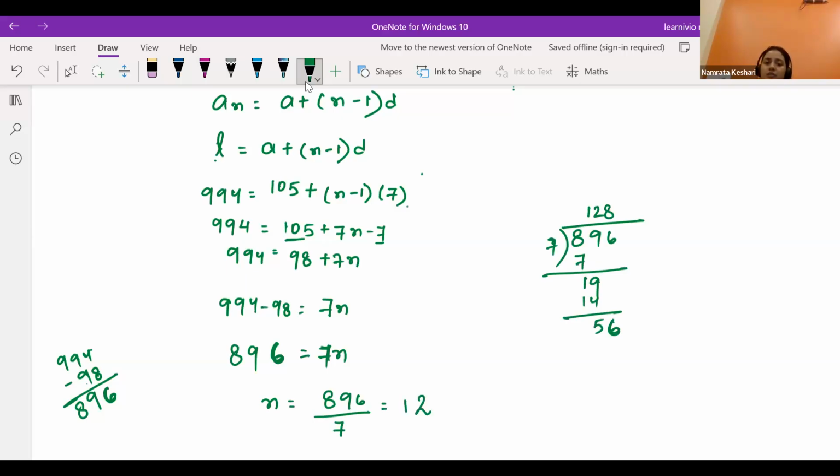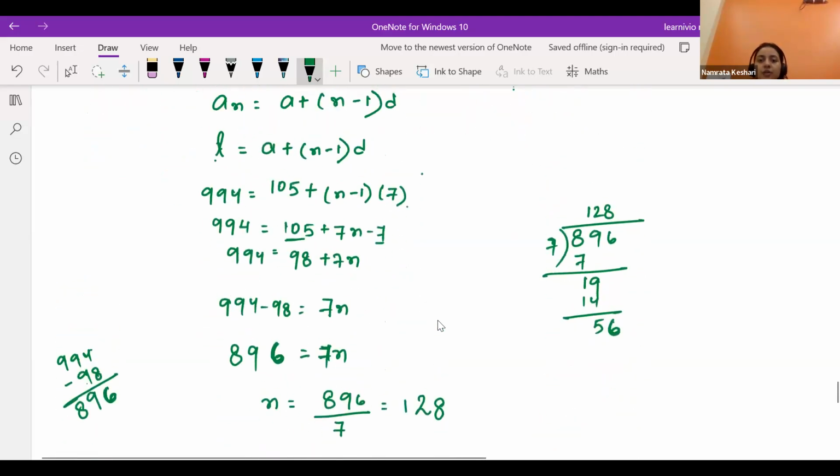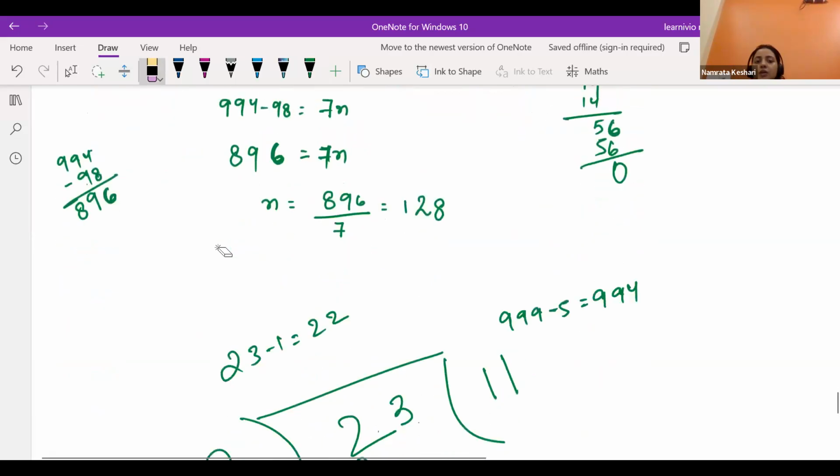Decimal we are not getting, right? If you divide it further, the remainder is becoming 0. Yeah, we are not getting a decimal.